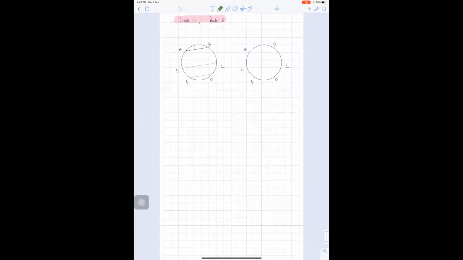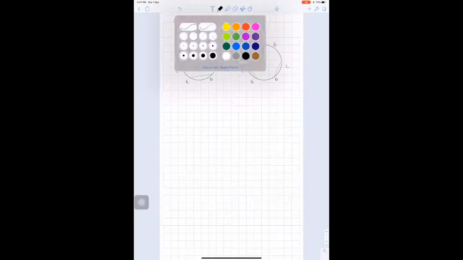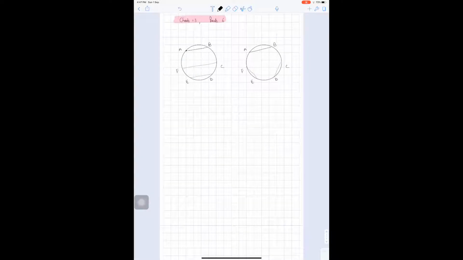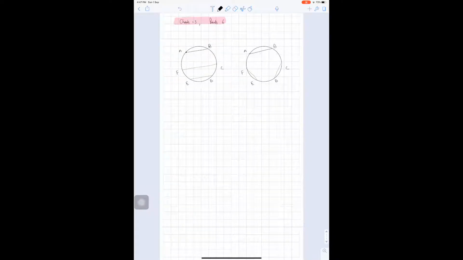And the other one is from C to D and F to E. So if I draw from A to B, then the total number of possibilities is 2.